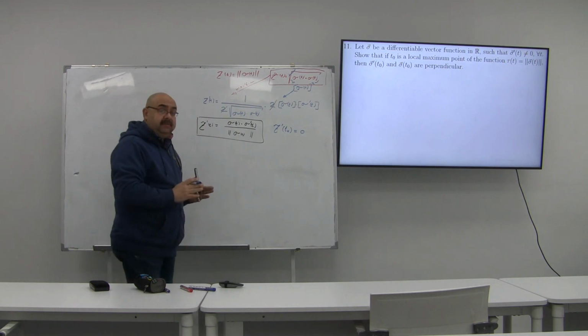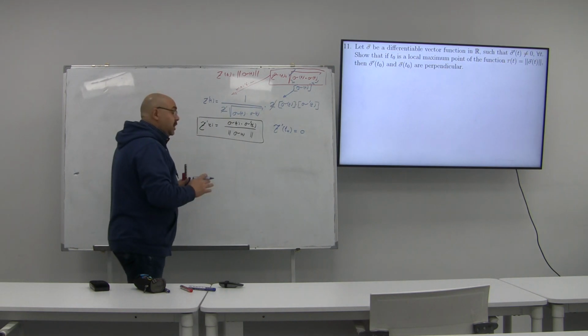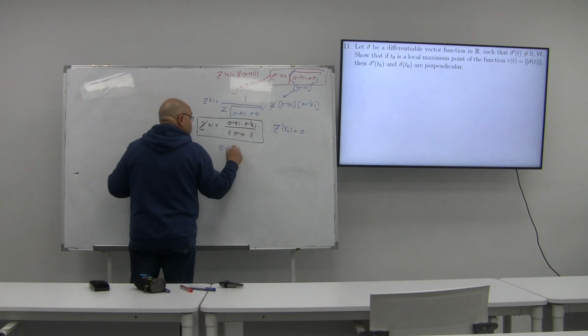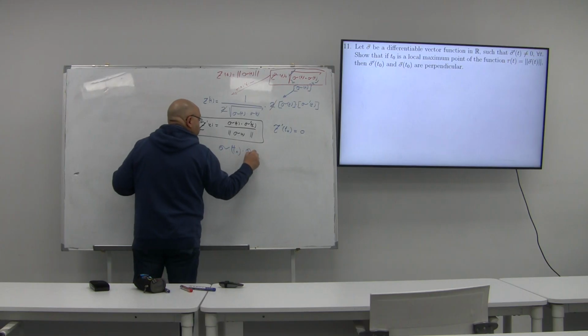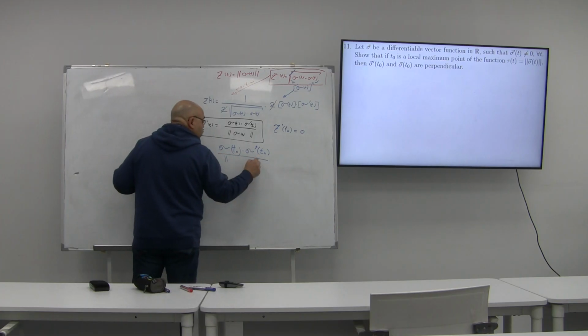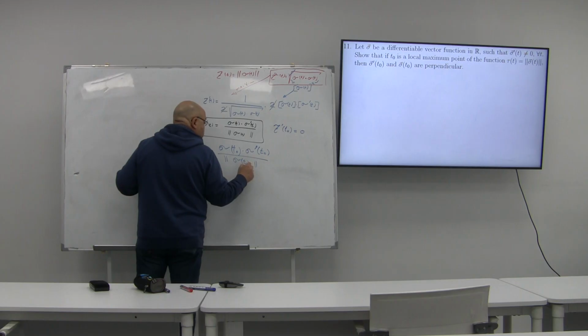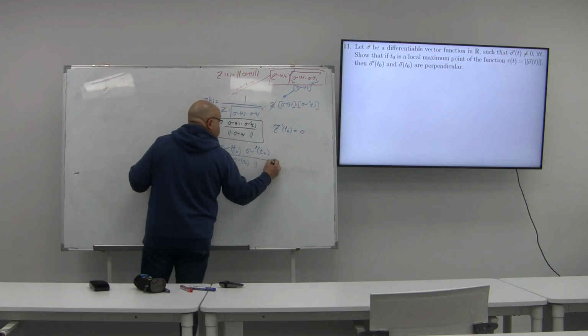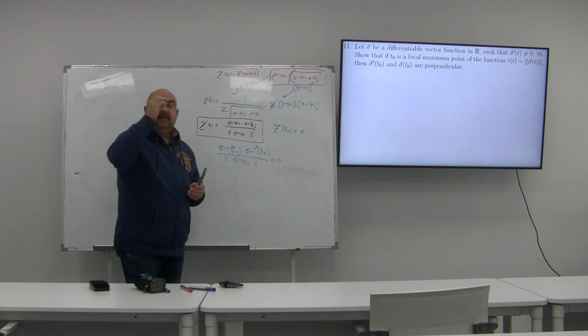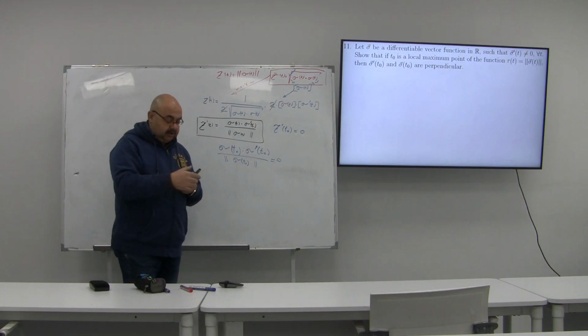If you look at this function at t naught, and that's the given information, it means that rho at t naught times rho dash at t naught divided by the magnitude of this vector function rho of t naught is going to equal 0. To have this quantity equal to 0, the numerator must equal to 0.